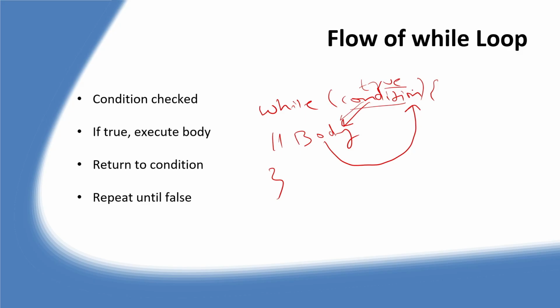When the condition becomes false, it will come out of the loop and exit. It is as simple as that. So the condition is checked before every iteration. After executing the loop body, the variable is updated, that is increment or decrement. We'll see in examples. And then condition is checked again. And when the condition becomes false, it comes out of the loop.